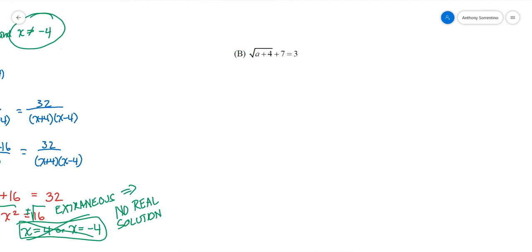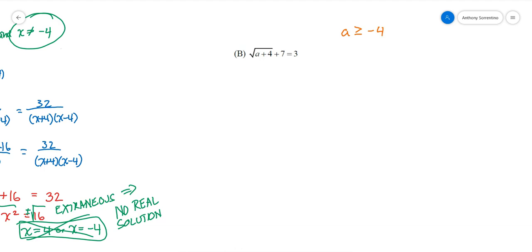now I'm going to show you a couple ways of handling it. One, if you're paying attention, will make it known right away based on something I mentioned before in this video. For me to start going through the process of solving this equation, first of all, I'm going to take note of the fact that a is going to have to be greater than or equal to negative 4, first off.